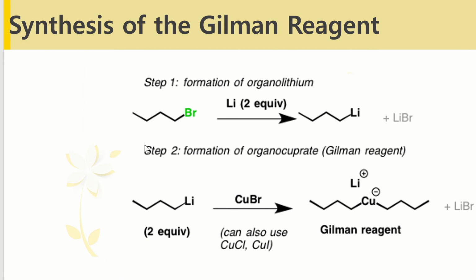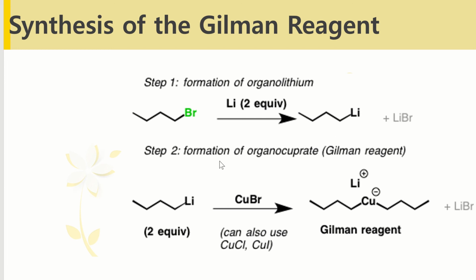So for the synthesis of these lithium dialkyl cuprates or Gilman reagent, it starts off with the formation of an organolithium, right? So the alkyl halide in presence of two equivalents of lithium forms an organolithium compound.